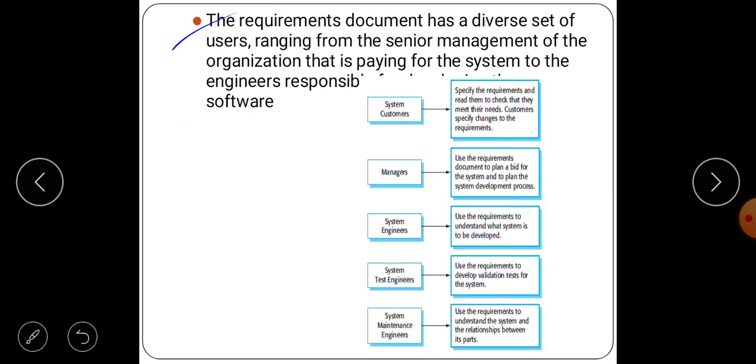Next, the requirement document has a varied set of users, running from the senior management of the organization that is paying for the system to the engineers responsible for the software.